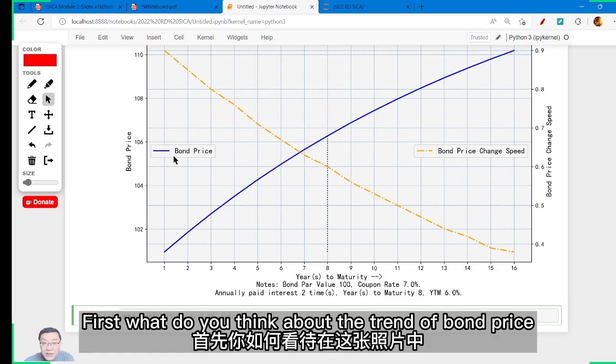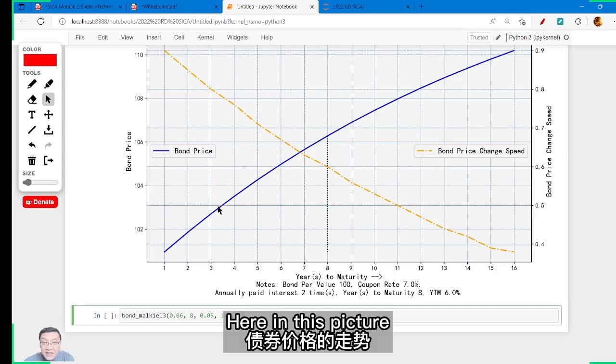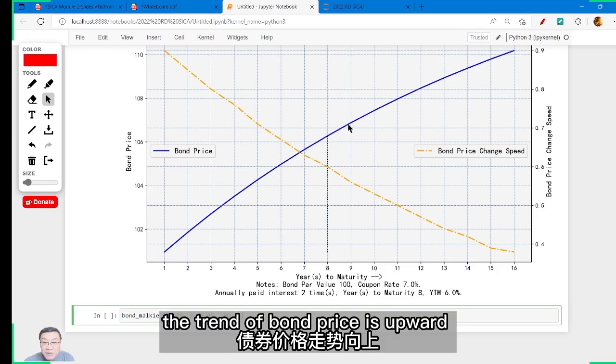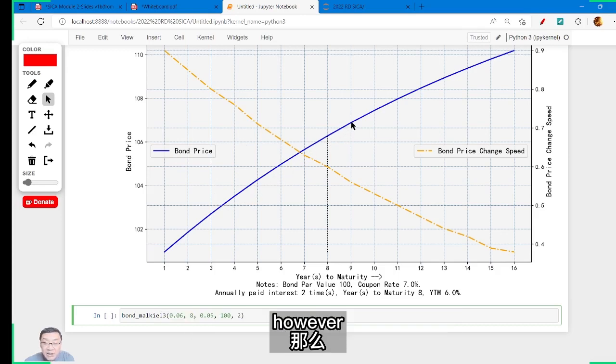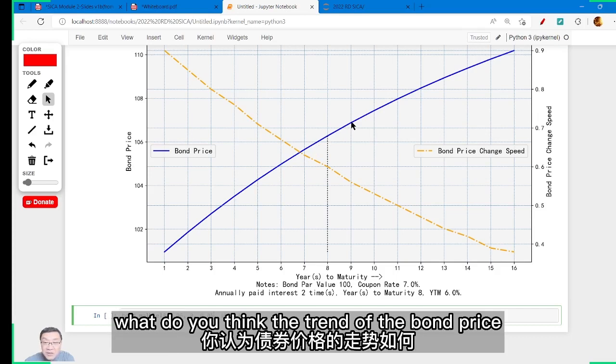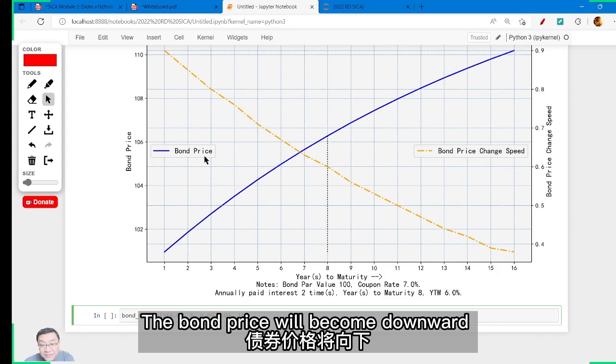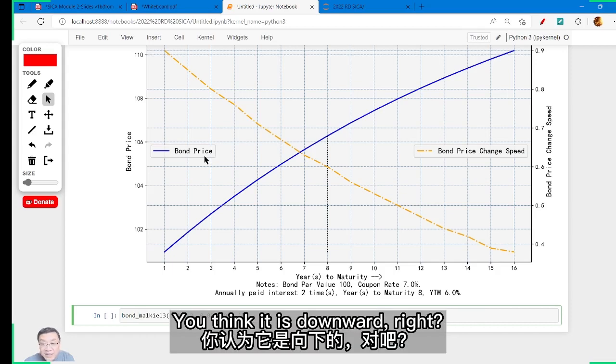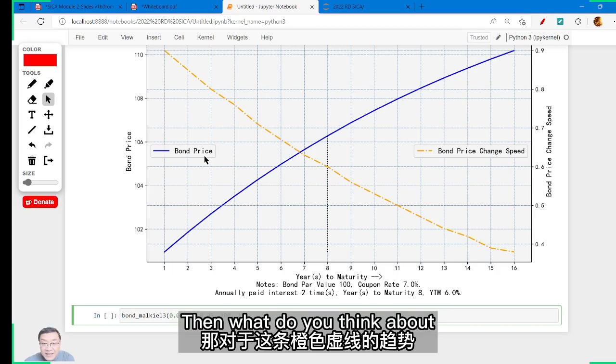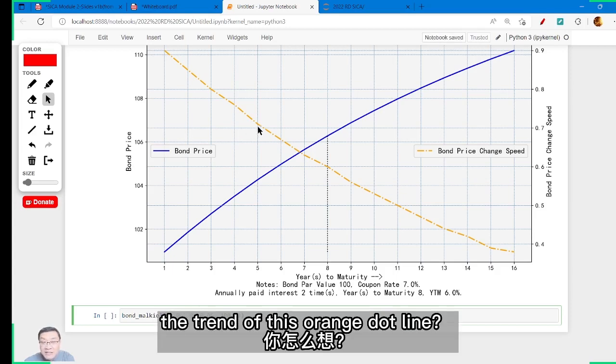First, what do you think about the trend of bond price? Here in this picture, the trend of bond price is upward. However, in the new picture, what do you think the trend of the bond price will be? The bond price trend will become downward. Then, what do you think about the trend of these orange dot lines?